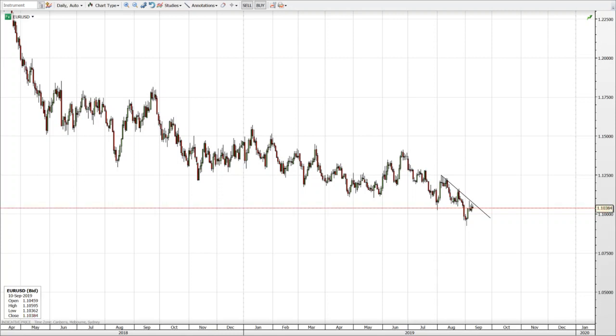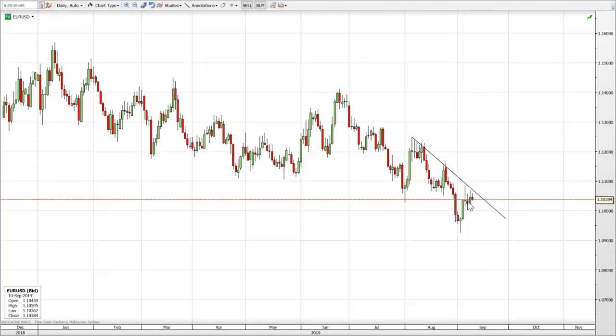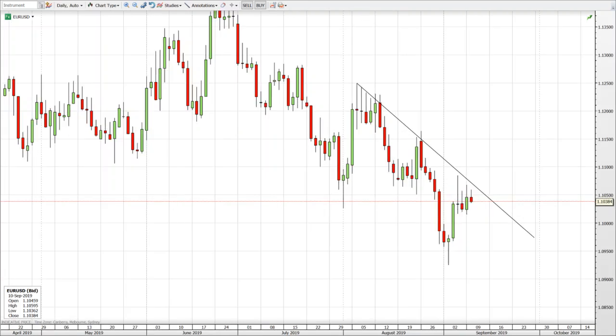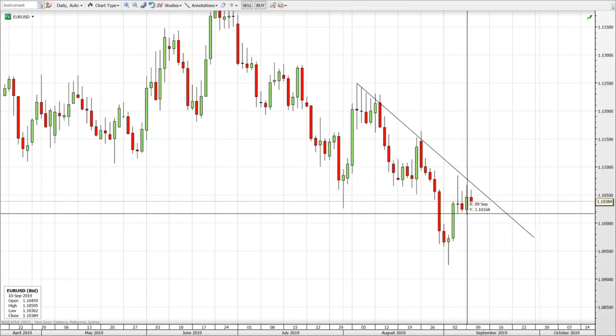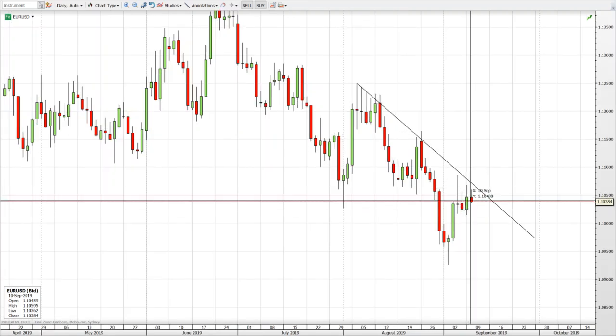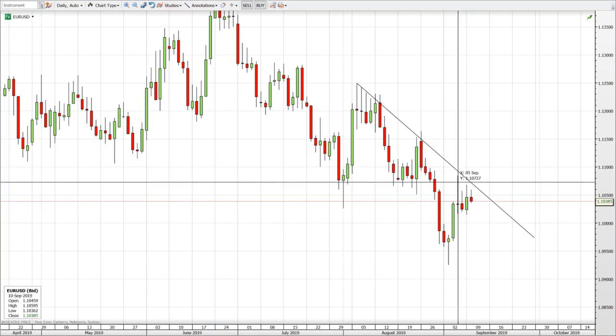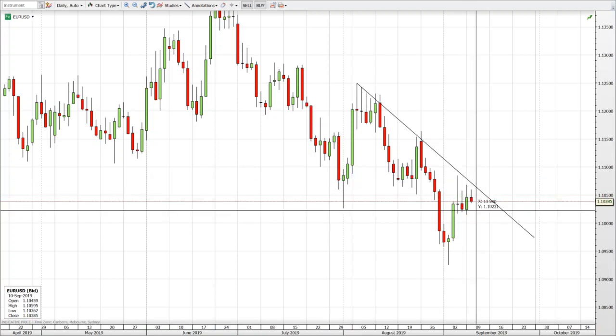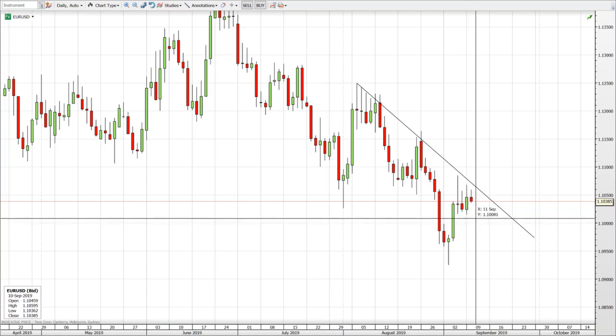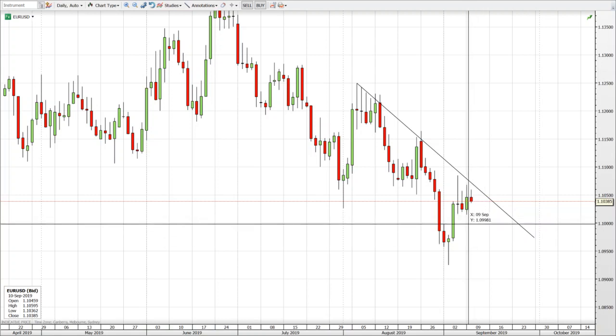Technical wise, we had that equilibrium candlestick with the long wick, then a bit of weakness, then a reversal, and then it's come back down again. You can see that there's a downtrend in the wicks, so that implies a bit of bearishness to me at least.